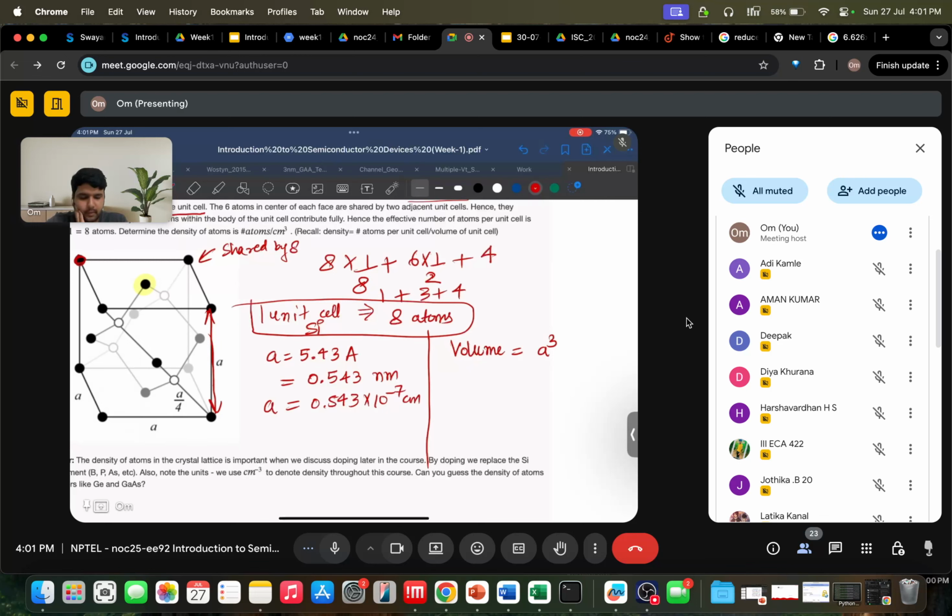So 0.543 into 10 to the minus 7 whole cube centimeter cube.